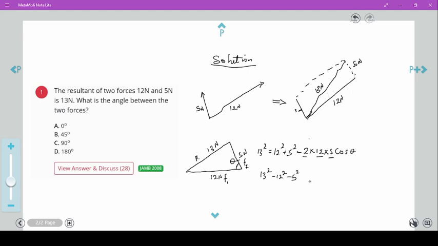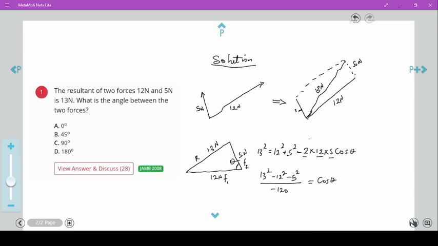So I'm looking at negative 120, by which we're going to be dividing through. That would be negative 120, equal to cos theta. If this doesn't make any sense to you, it's fine. I'm just trying to speed up the process here.